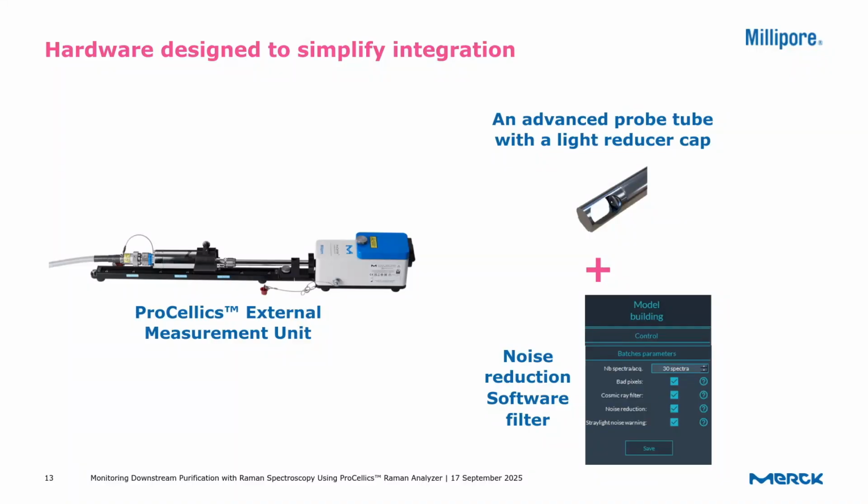We also have advanced stray light features, both a hardware and a software feature, with the light reducer cap as well as additional noise reduction filters, which allow you to measure Raman signal without concern for stray light contaminating your signal. So if you have a large reactor, you don't have to worry about how to prevent the Raman probe from being exposed to stray light.